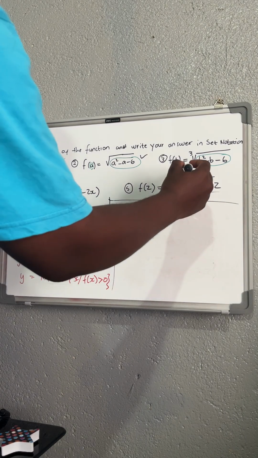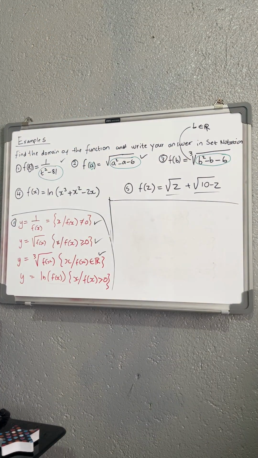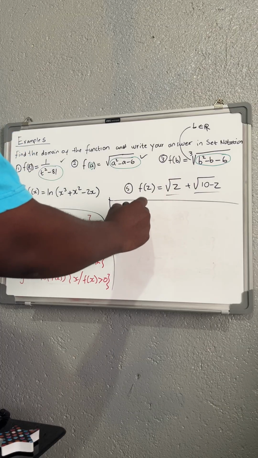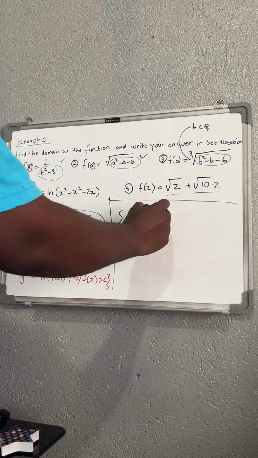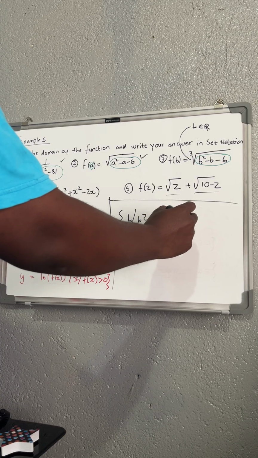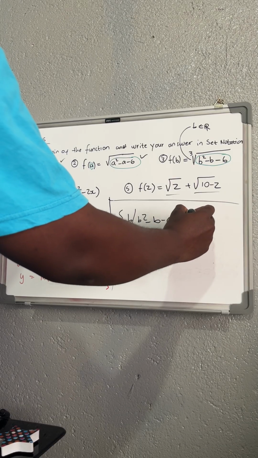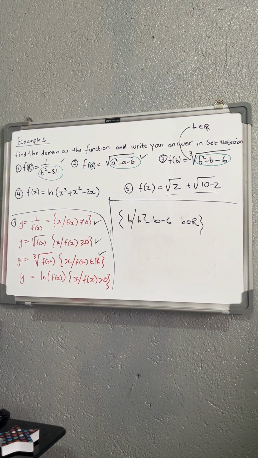So you can just write it like b is an element of the real number line, or you can write it even here, that you are having b such that b squared minus b minus 6. Yeah, you can just write b is an element of all real numbers. I don't think there is any other way you can write it further.